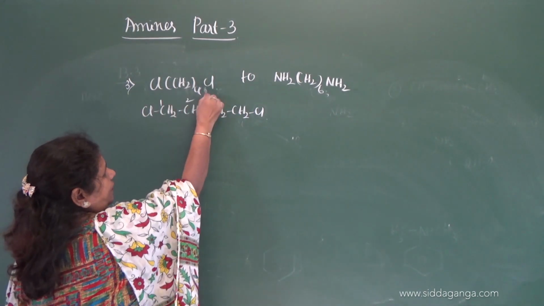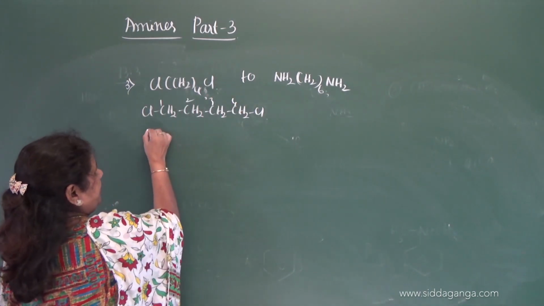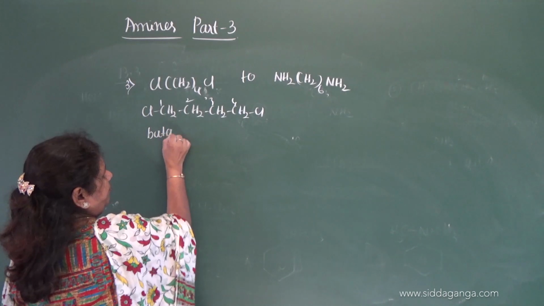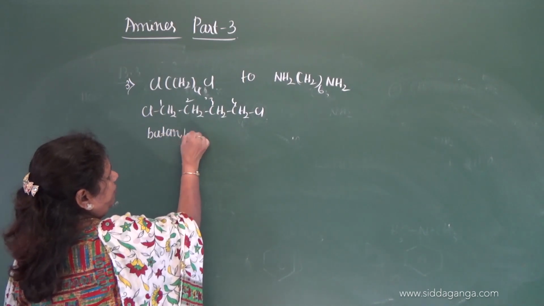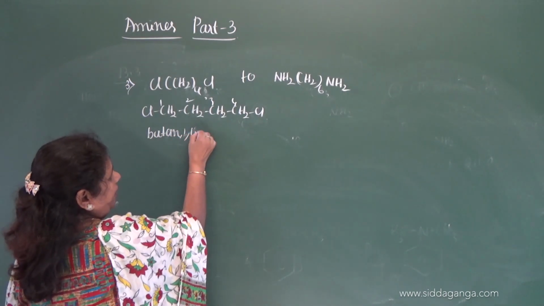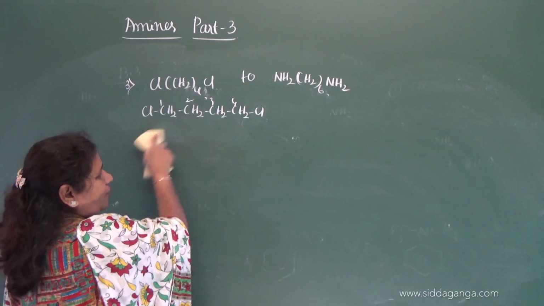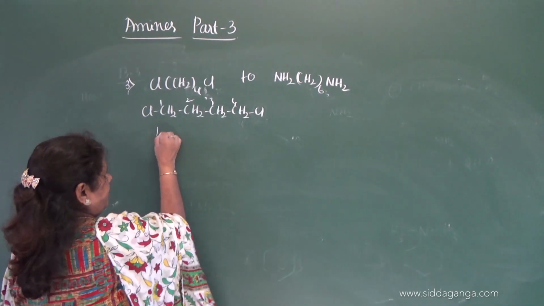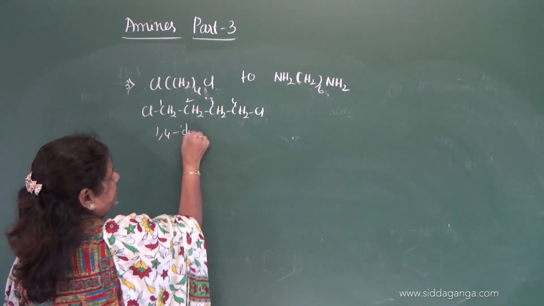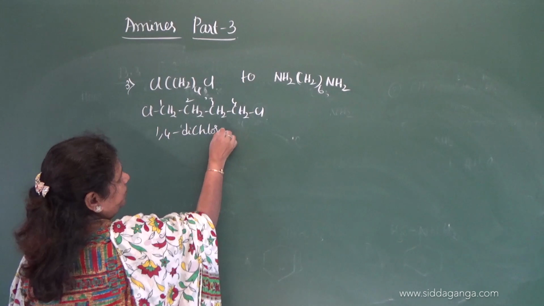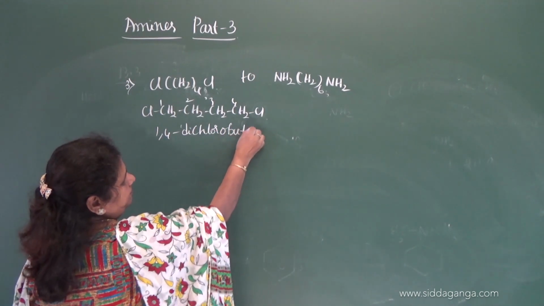1, 2, 3, 4. That is butane, 1, 4 dichlorobutane.